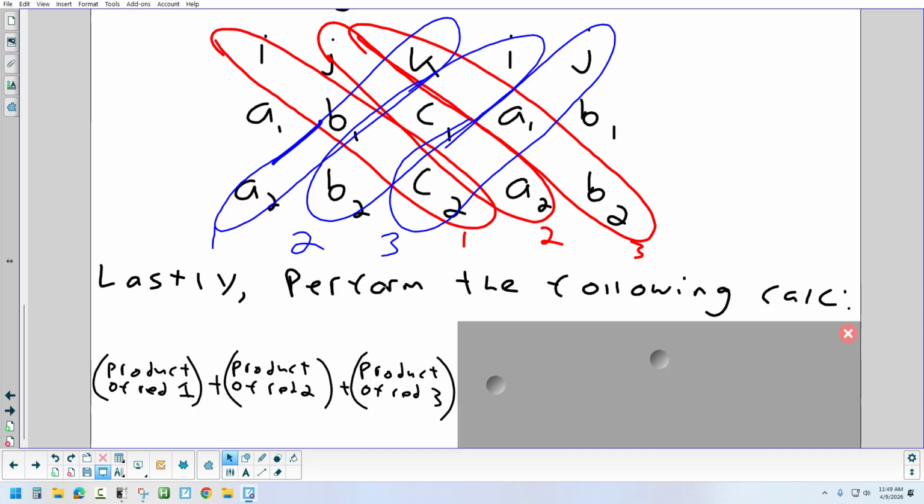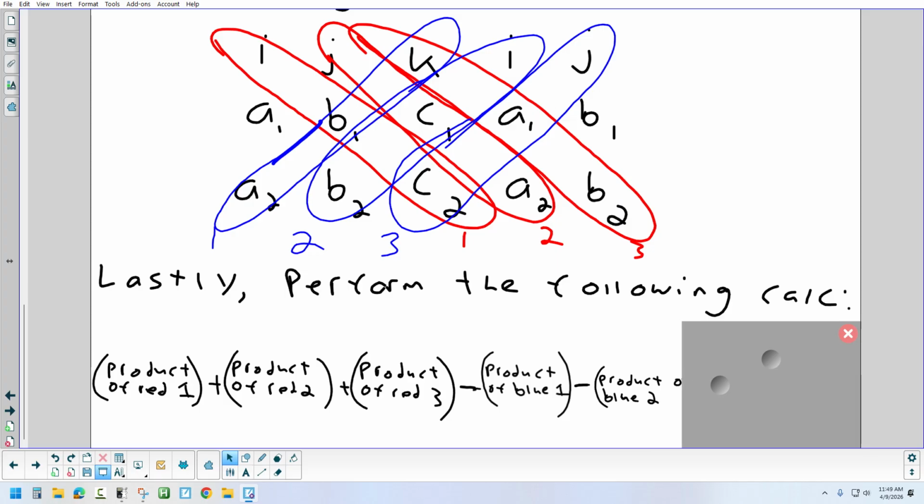Which diagonals haven't we used yet? The blue ones. Well, we're going to do the same thing, except we're going to subtract. You're going to subtract the product of K, B1, and A2. Then you're going to subtract the product of I, C1, and B2.